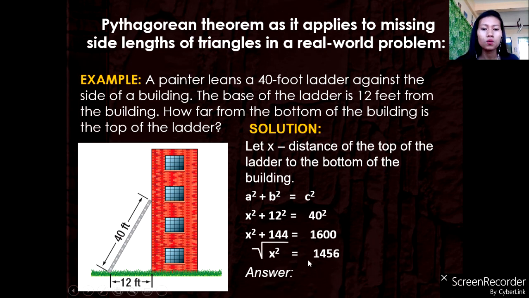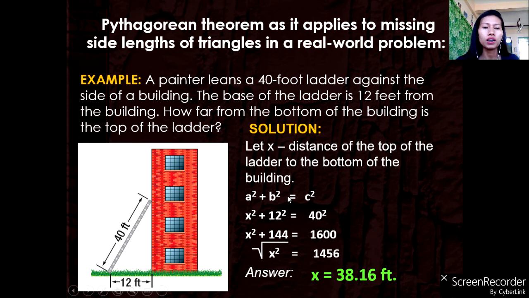So, ang square root ng 1,456 is 38.16 feet, rounded off to the nearest hundredths. So, ibig sabihin yung side na to, yung distance ng bottom of the building to the top of the ladder is 38.16 feet. Okay, so let us have another useful thing about the Pythagorean theorem.